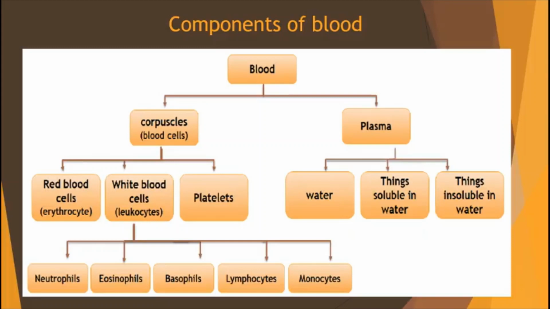Plasma of the blood includes water, things soluble in water and things insoluble in water. The soluble things are salts, nutrients and also excretory products. The insoluble things are hormones, enzymes and some proteins.